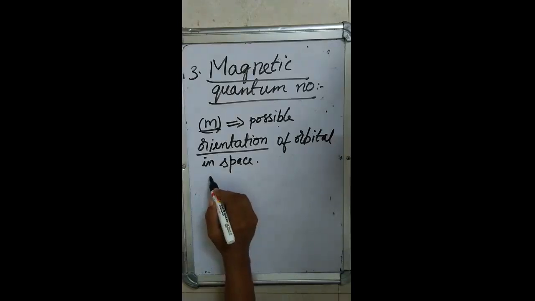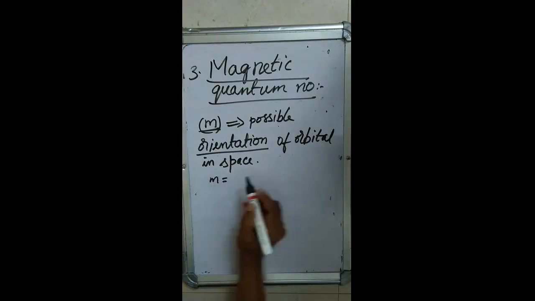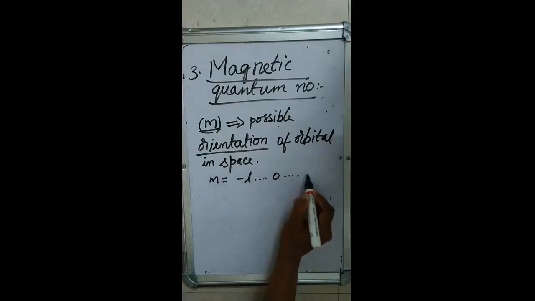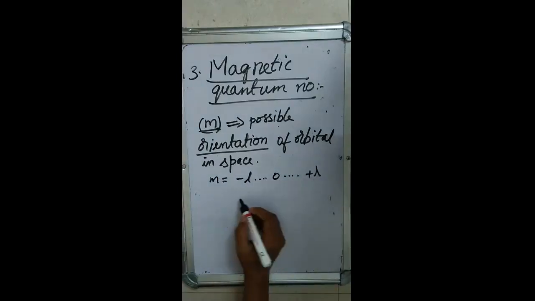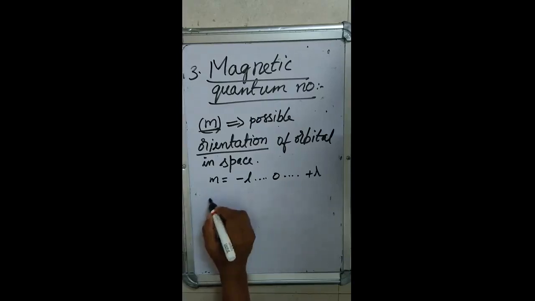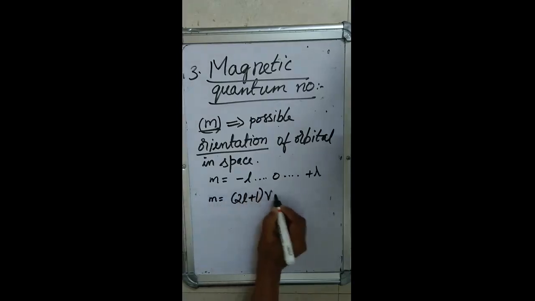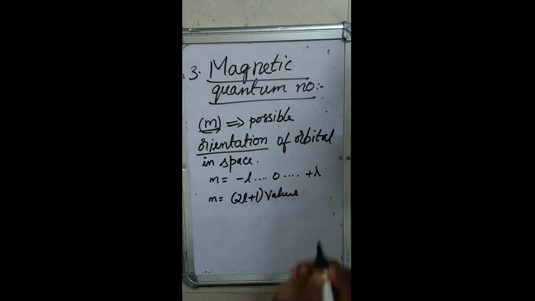Now how is it written? What are the values of m? It can be written as m is equal to minus l, 0, plus l. How many values are possible? 2l plus 1 values are possible.